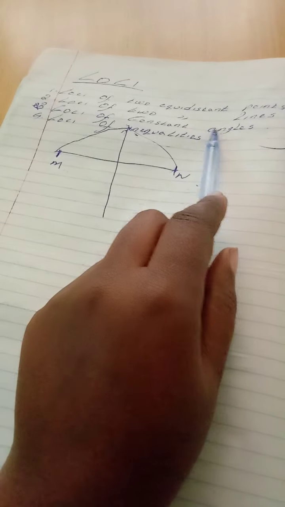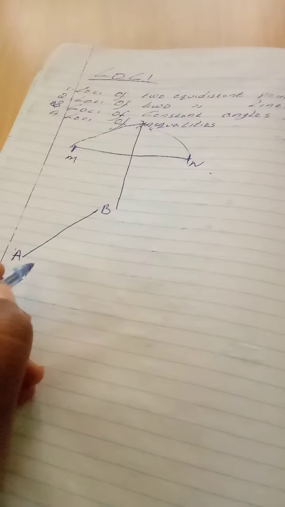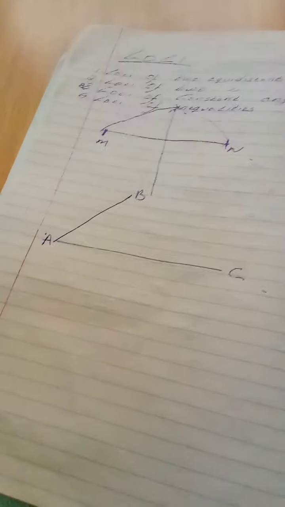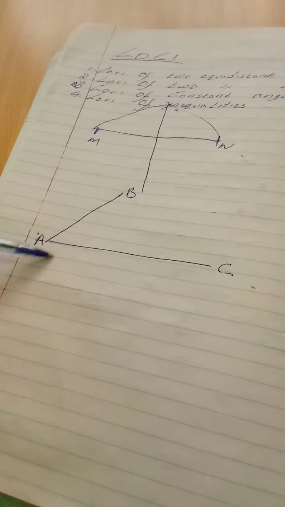Then there is the loci of two equidistant lines. Now we have line AB and AC. So we want to construct a loci of a point or points which will always be equidistant from line AB and AC.